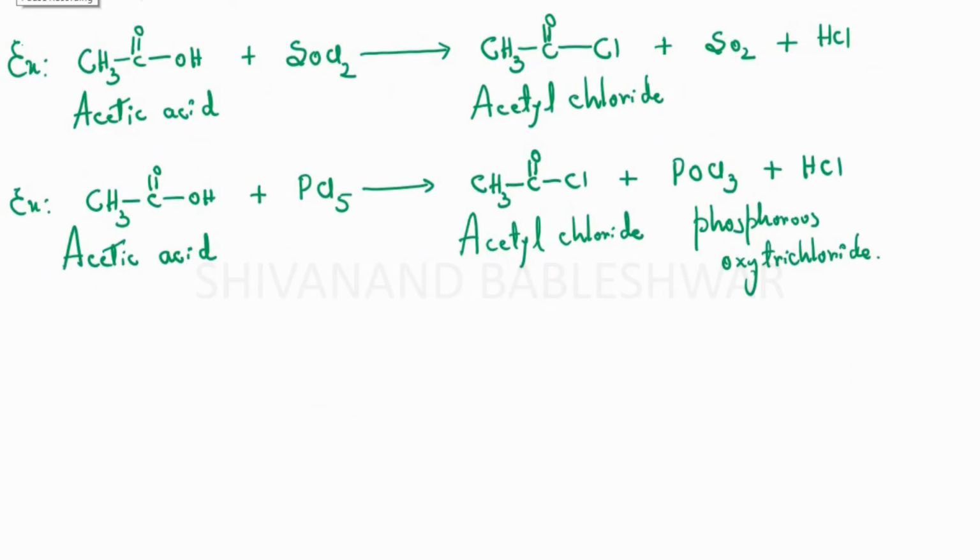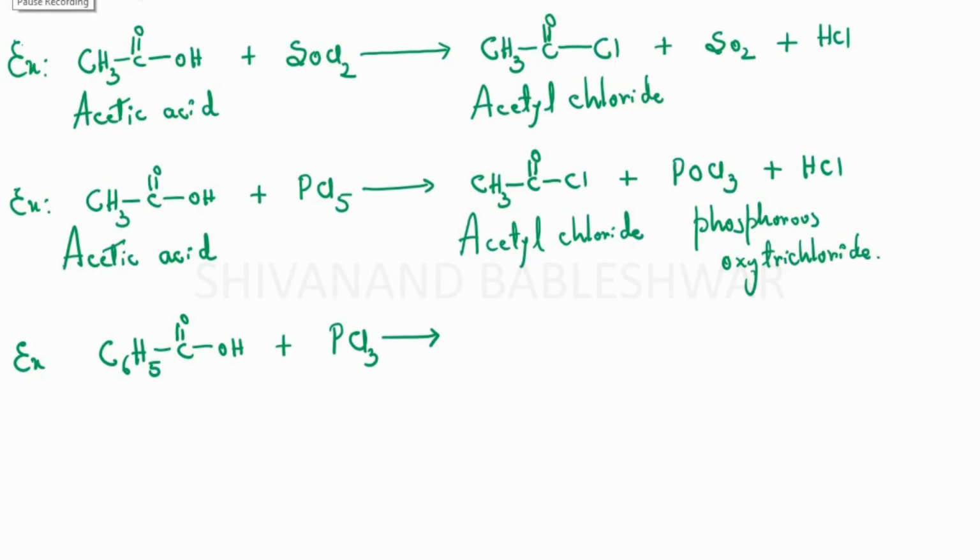So let us have another example by taking benzoic acid, that is C6H5, followed by C double bond O and OH, and then we are going to treat it with phosphorus trichloride.